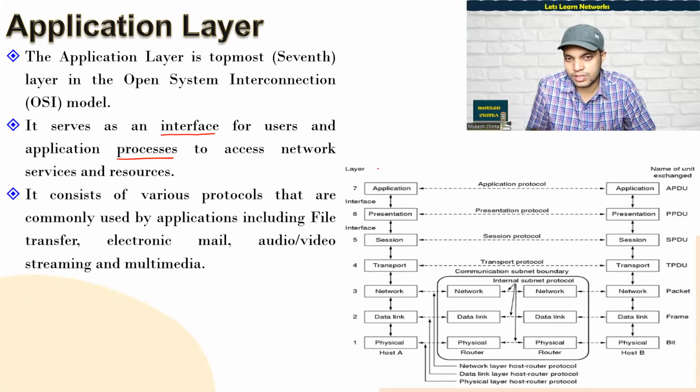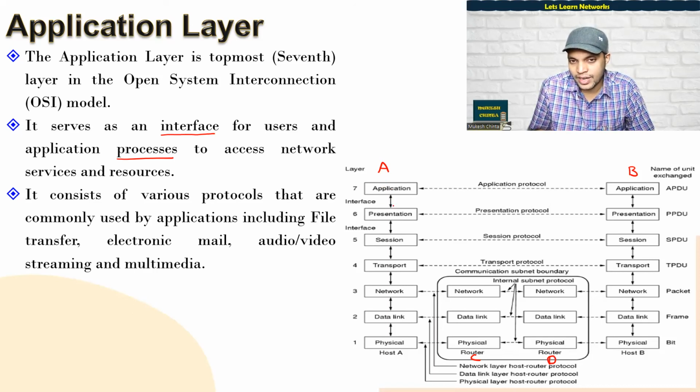Imagine this is your sender A and this is your receiver B, and you have 2 other machines sitting in the middle, 2 routers C and D. The application layer on A will accept the data and start passing the data to its bottom layers, where at each layer a header is added. The presentation layer will add its own header, the session layer its own header, the transport layer its own header, the network layer its header, and the data link layer its frame header and a trailer, and passes it on to the physical layer, where it is converted into signals and the signals are transmitted across the medium.